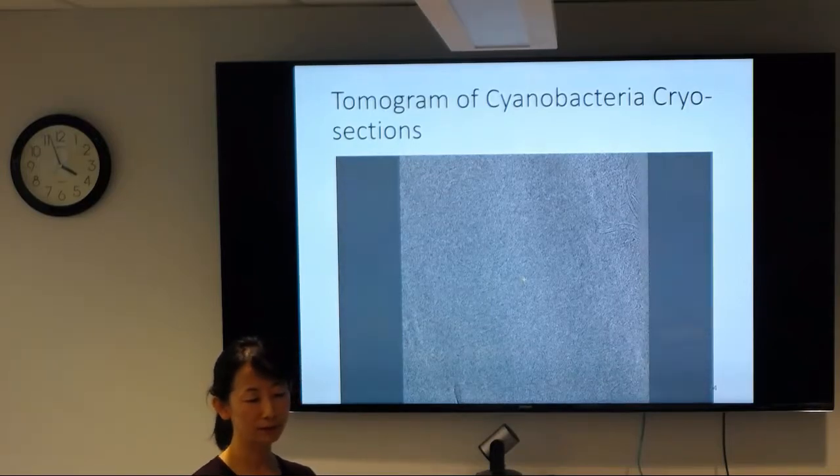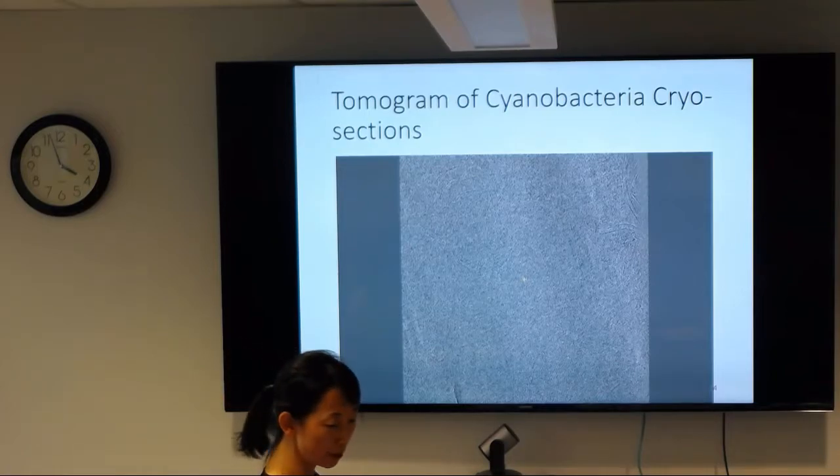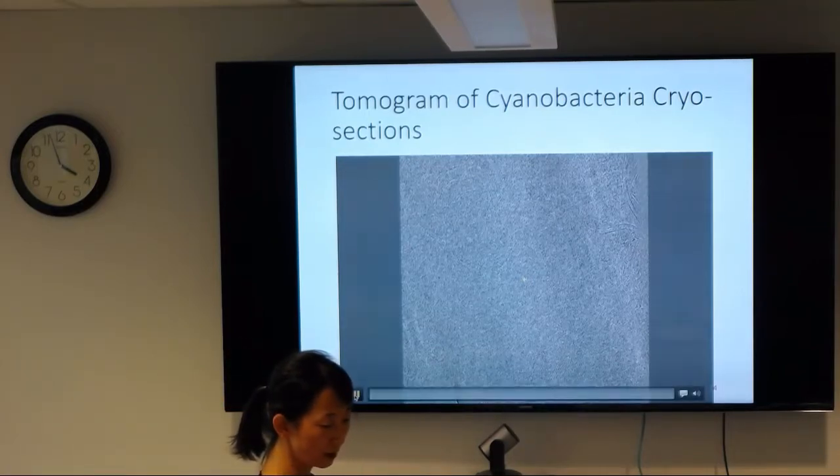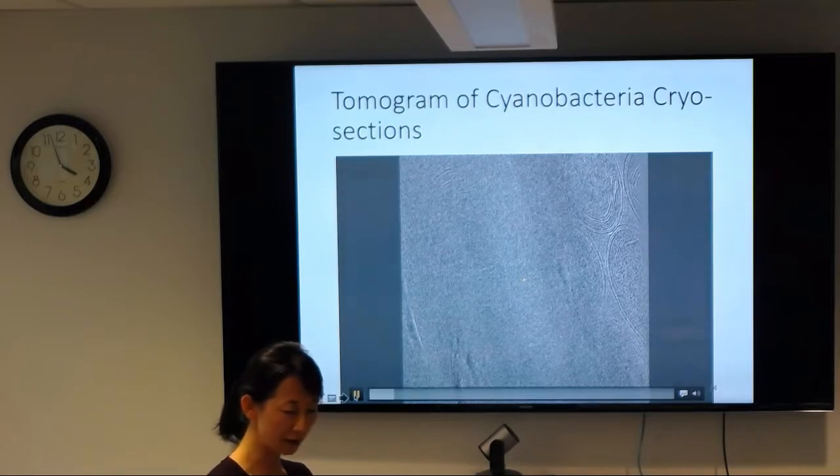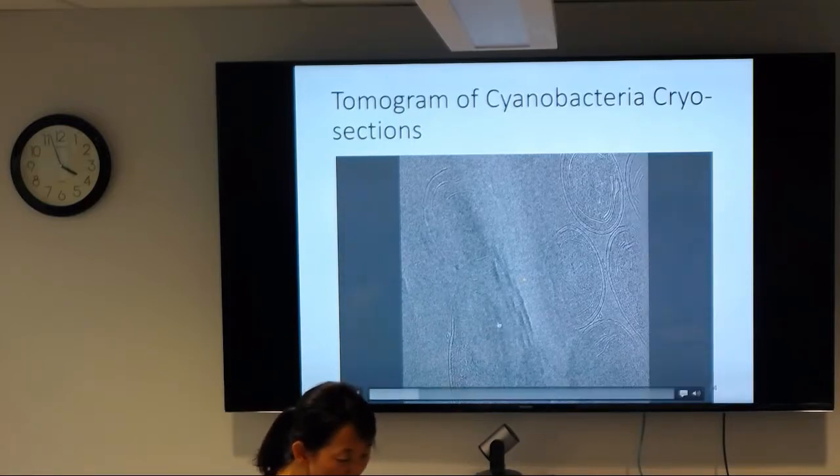But this one is probably over 100 nanometer. So by looking at it, it's very wavy. It's not very flat. So some features come from some sections, and then not always showing you flat surface.